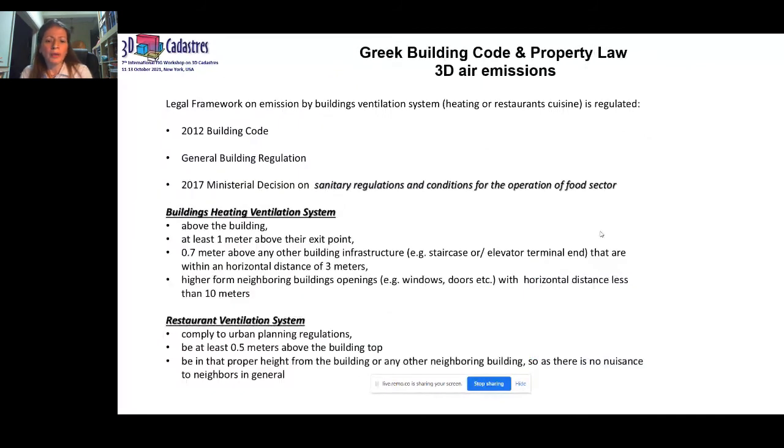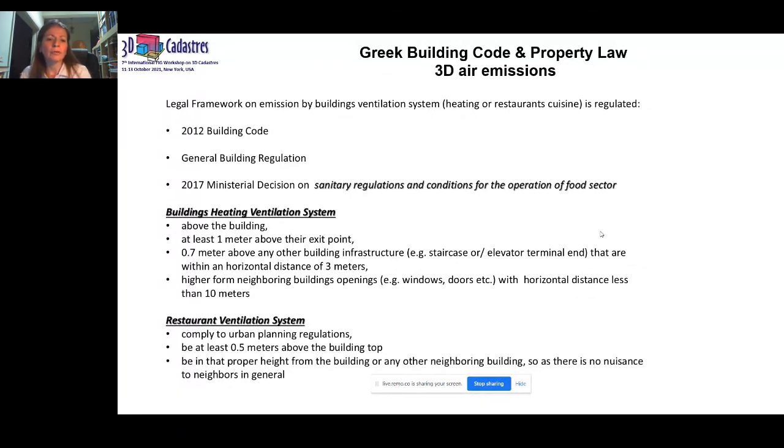In respect to the provisions of the property law, air emissions from heating or restaurant ventilation are regulated through the building code, the general building regulations, and, specifically for restaurants and food enterprises, through a ministerial decision on sanitary regulations and conditions of the food sector.